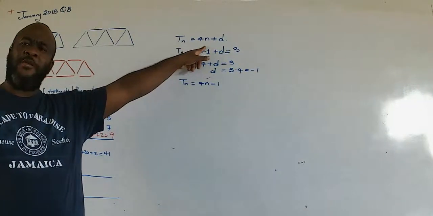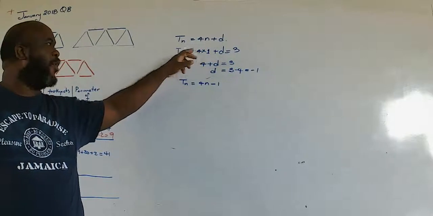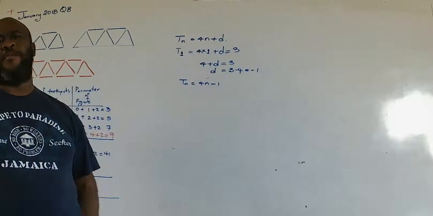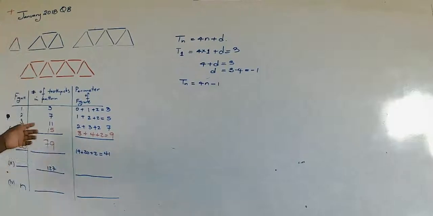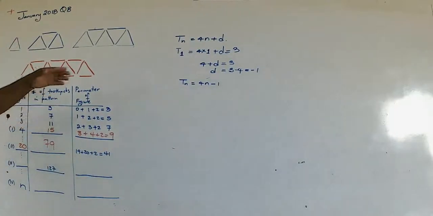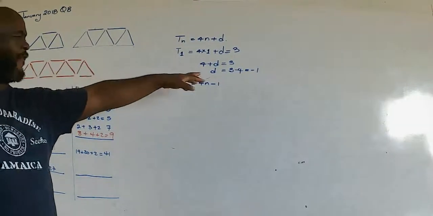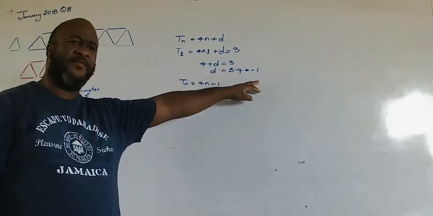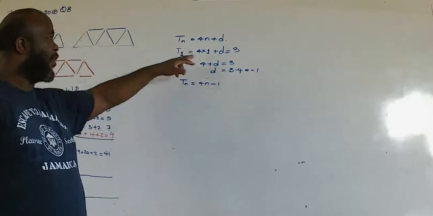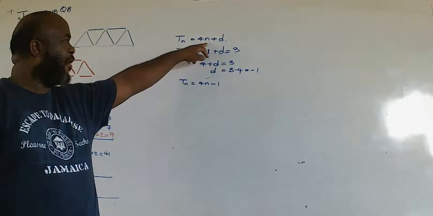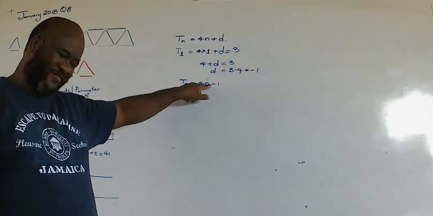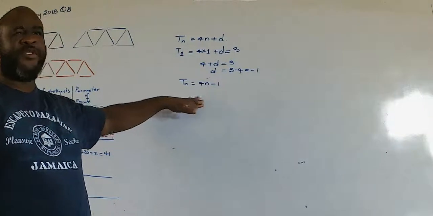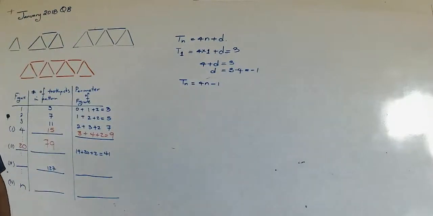The general term means that n is any number. When n is 1, the first term is 3. So let's simply put n as 1 and find out what d is. So this is 4n, and then d. So then I can use this now to find any term that I want.